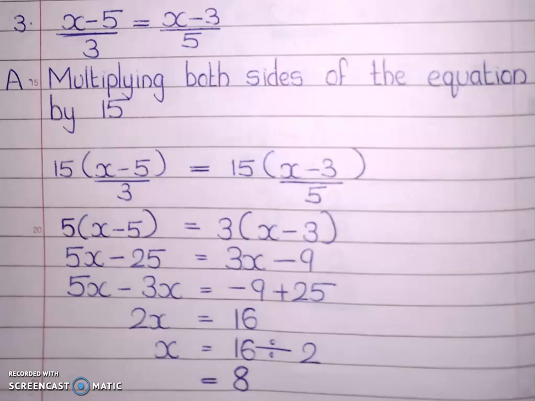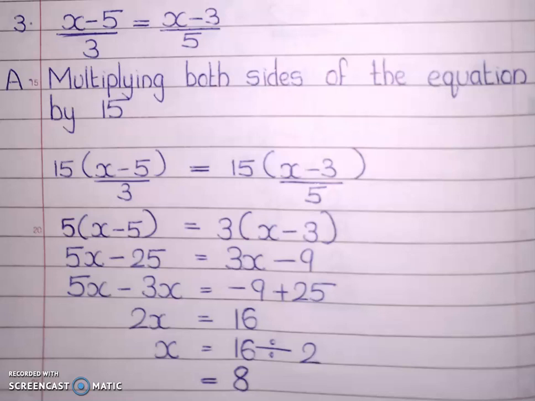Reduce the fraction. You will get 15 divided by 3 equal to x minus 5. And 15 divided by 5 is equal to 3.